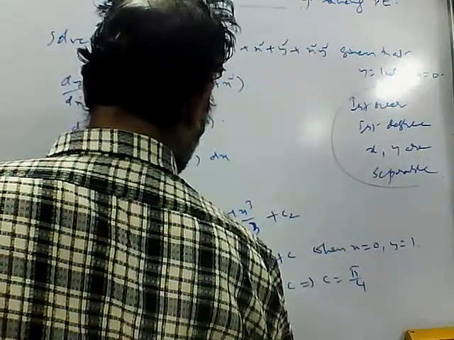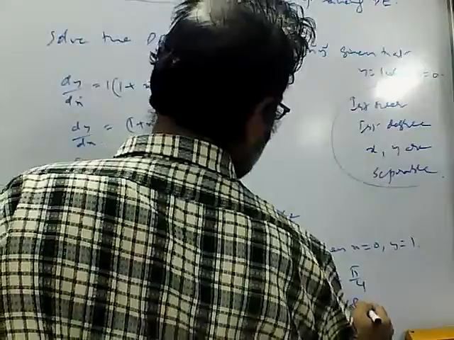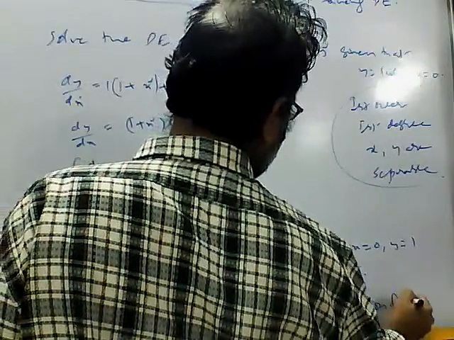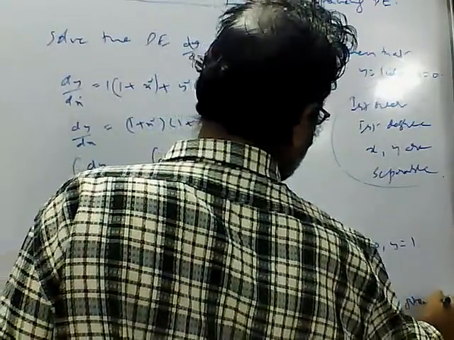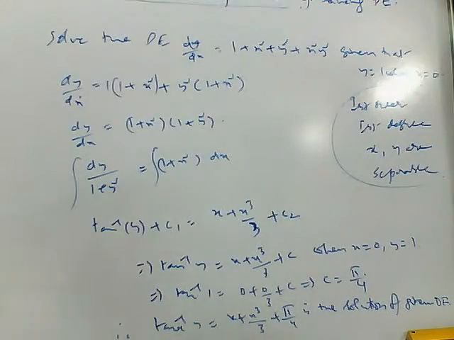Therefore, tan inverse y is equal to x plus x cube by 3 plus pi by 4 is the solution of the given D.E. This is what is called the particular solution. So note down. Okay, clear?